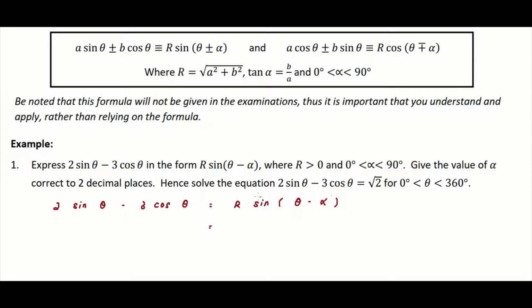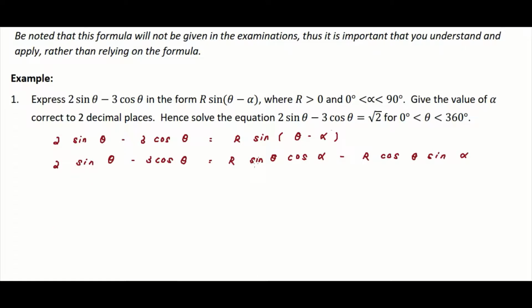Since you already know that your r is going to multiply inside, to make our working shorter, you can simplify the step and straight away write r sine theta cos alpha minus r cos theta sine alpha.